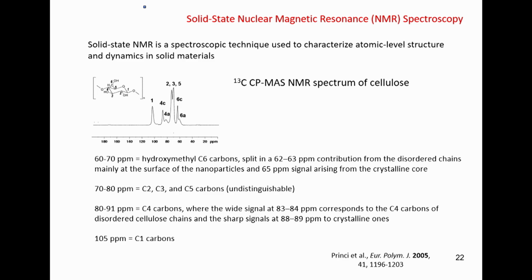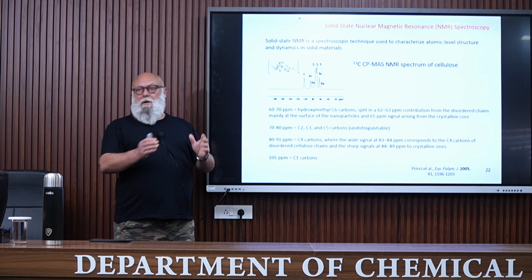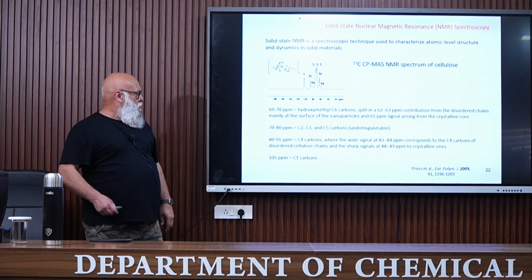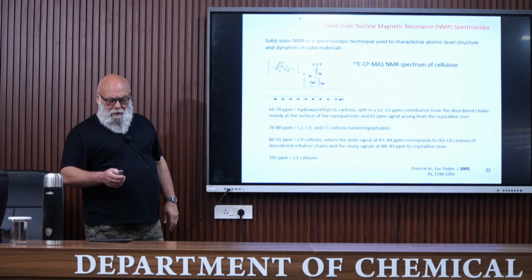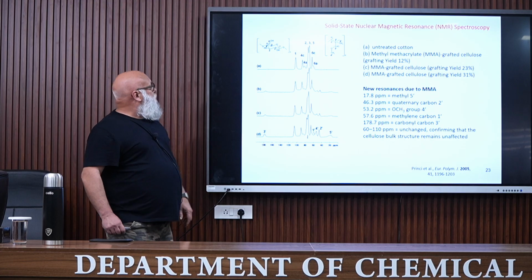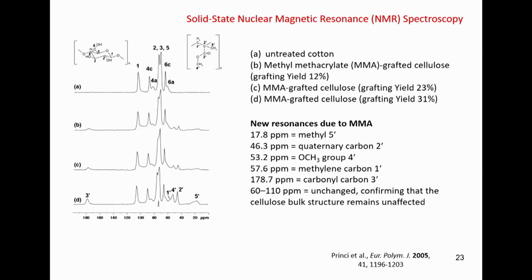Each peak refers to one carbon atom, except for this peak, where it is difficult to identify and find these different carbon atoms. So this is an example. Untreated cotton was used and it was grafted with methyl methacrylate with different grafting yields, as you can see here.